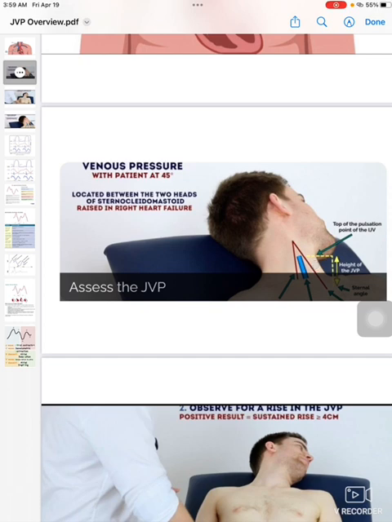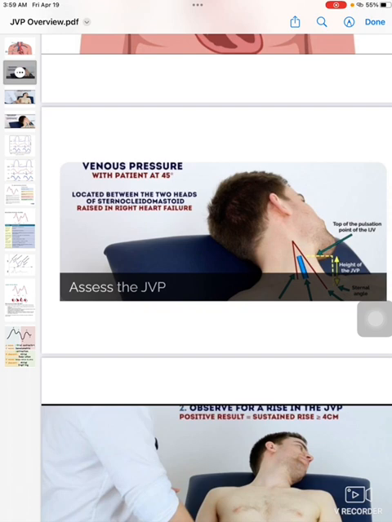The internal jugular vein has a double waveform pulsation, which helps to differentiate it from the pulsation of the carotid artery. Number four, measure the jugular venous pressure by assessing the vertical distance between the sternal angle and the top of the pulsation point of the internal jugular vein.